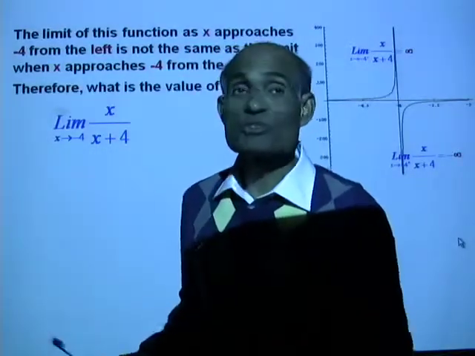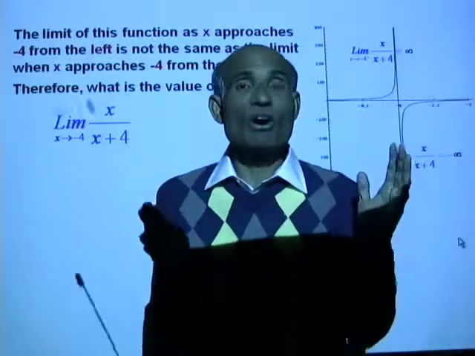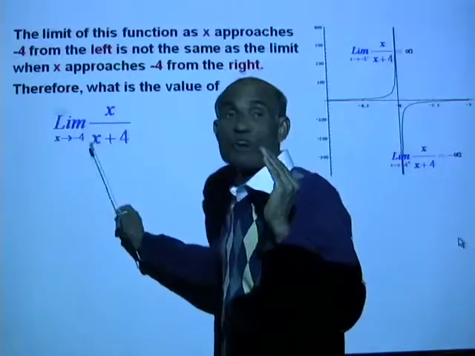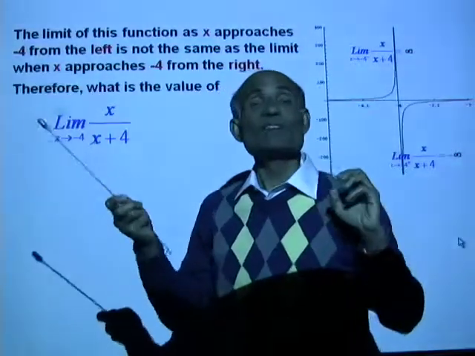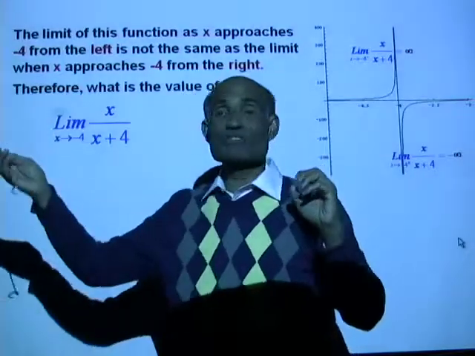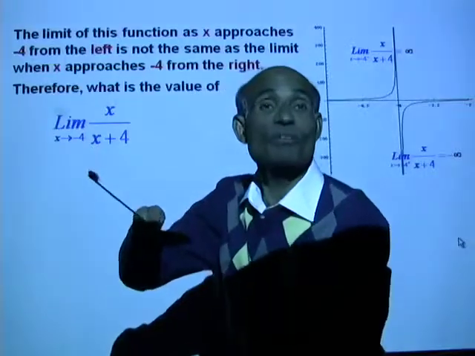You see, to answer this question, you need to break it down into two pieces like we had, because the limit from the left is not the same as the limiting value from the right.